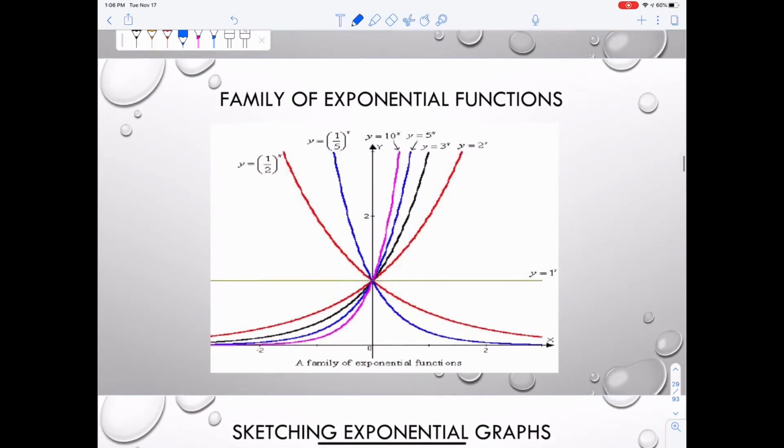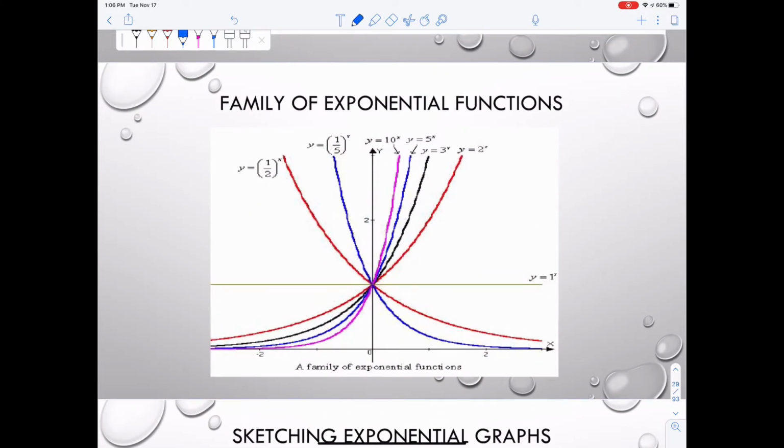Here I just have a couple of different graphs. There's a lot going on, but really a couple things I want to illustrate. We always have that point (0, 1) for all of the parent functions. But if you look here on the right-hand side, specifically at these functions where b is greater than 1, notice that as my base grows, from 2 to the x to 3 to the x, the function is closer to the x-axis on the left of my y-axis. But as I cross over and pass x equals 0 and start getting into positive values of x, that function is increasing faster and faster.